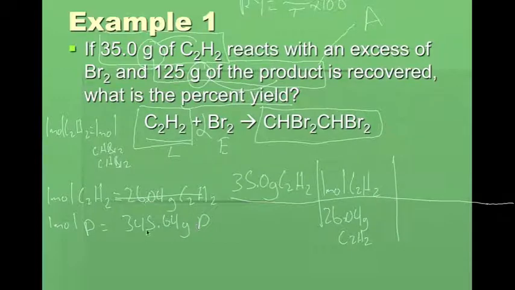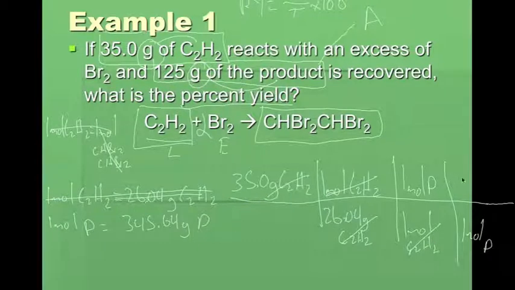I keep going because I want grams of my product, and those units will cancel as I go. I'm left with 1 mole of C2H2, and I use my mole ratio: 1 mole of C2H2 equals 1 mole of my product. Those units cancel, and I'm left with my last conversion factor: 1 mole of product equals 345.64 grams of my product.